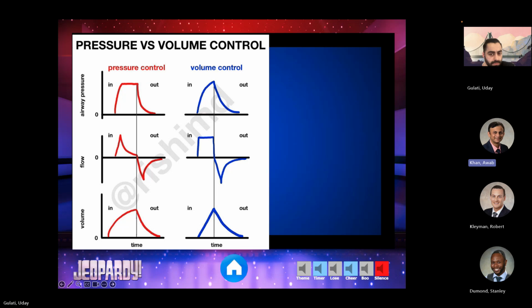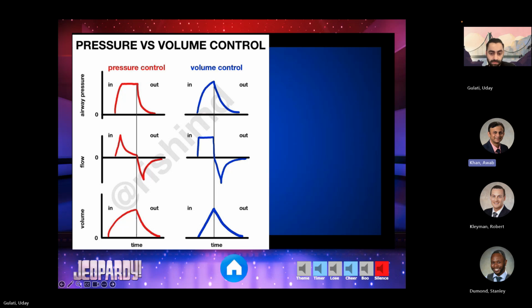This is pretty straightforward, because this is a great example. In straightforward pressure control, the fixed variable means you're limiting the pressure, so the variable is going to be volume. Same thing with volume control: your fixed variable is going to be your volume, therefore the variable that can change is going to be your pressure.